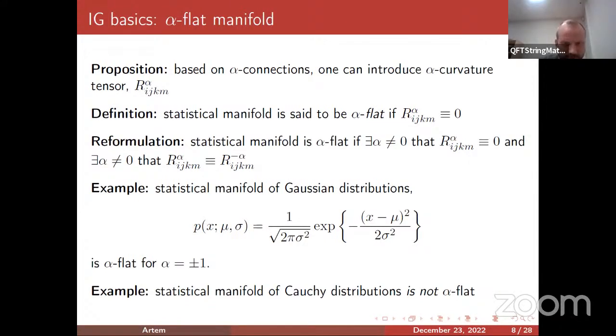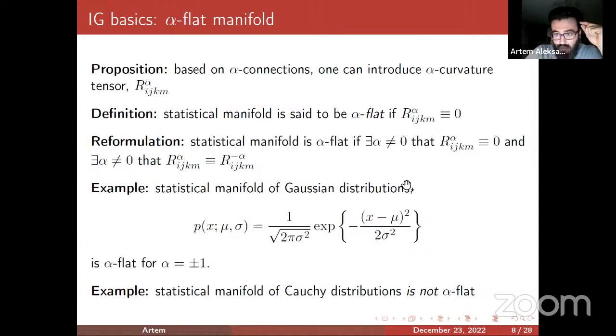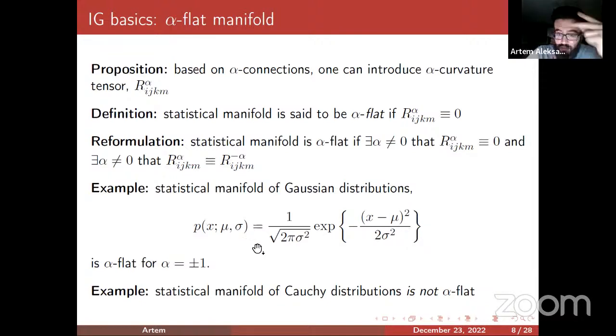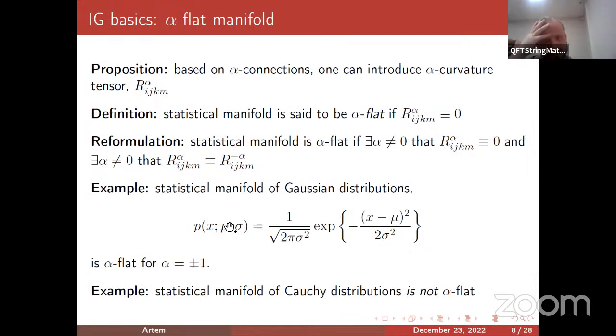Sorry, and the metric for Gaussian distribution is what? Is it just a flat metric? One can compute it, it's quite easy, and the metric is like an AdS2 metric. It is the metric of two-dimensional hyperbolic space. Yes, we have two parameters, the parameter sigma and the parameter mu, and it is a two-dimensional hyperbolic space.